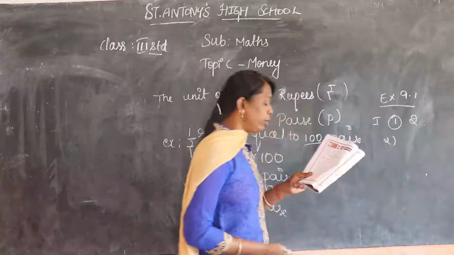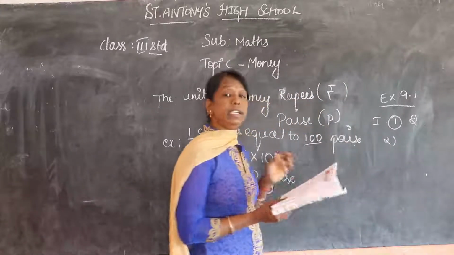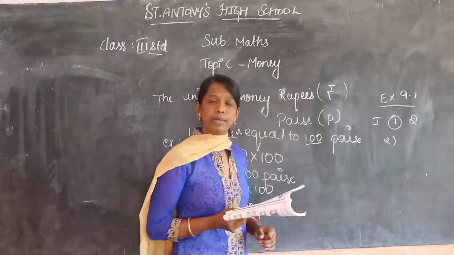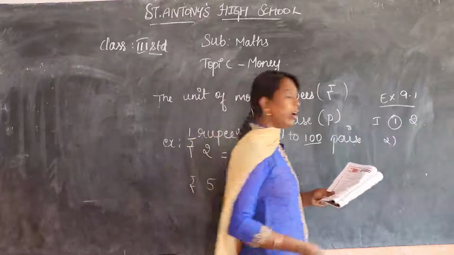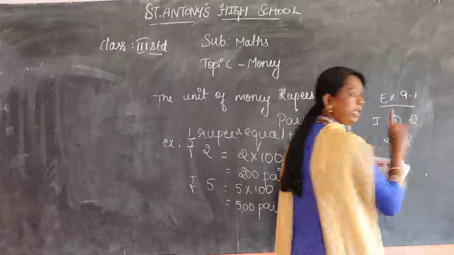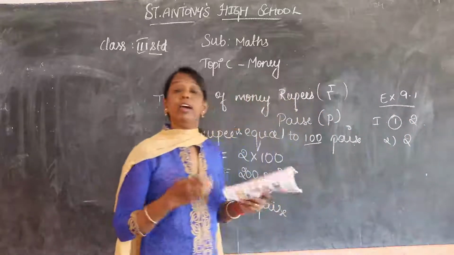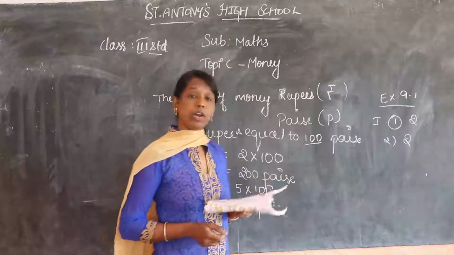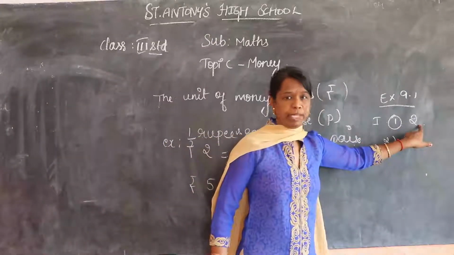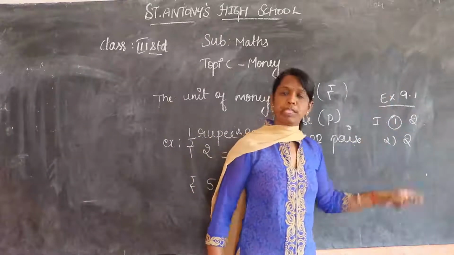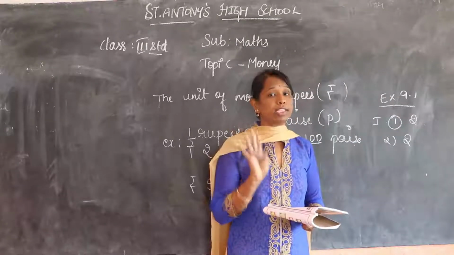Second question: 2 rupees has dash 1 rupee coins. The answer is 2, 1 rupee coins. And dash 50 paisa coins. In 1 rupee we have 2 50 paisa coins. In 2 rupees we have how many 50 paisa coins? 4.